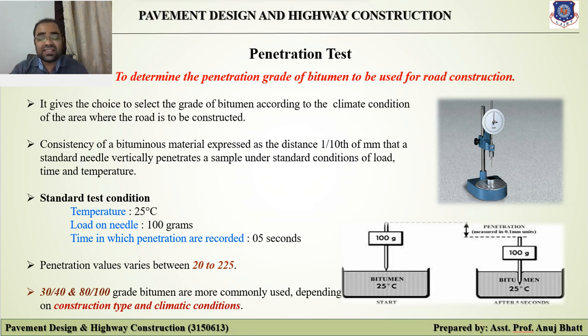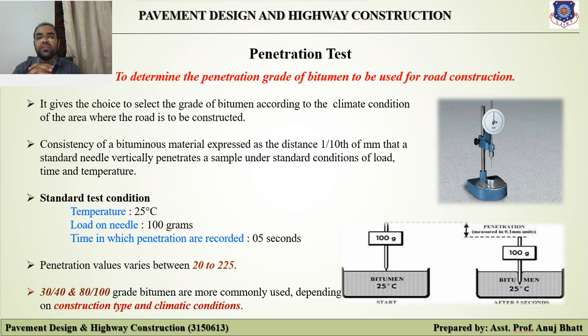Also, this test is performed to determine the penetration grade of bitumen which is to be used for road construction. It gives the choice to select the grade of bitumen according to the climatic condition of the area where the road is to be constructed.